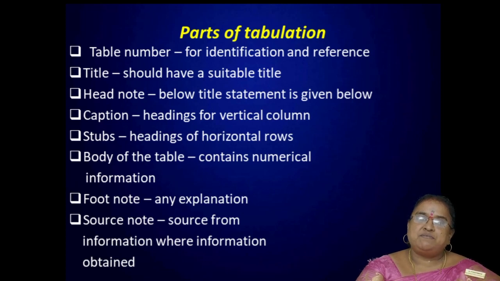Source means from where we have got the data. The data can be from a primary source or a secondary source. If it is primary data, we can give it as primary source. Or if it is secondary data, we have to give the reference of the books or journals from which we have taken the data.